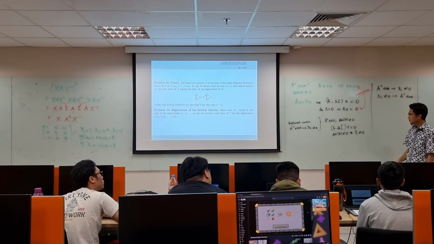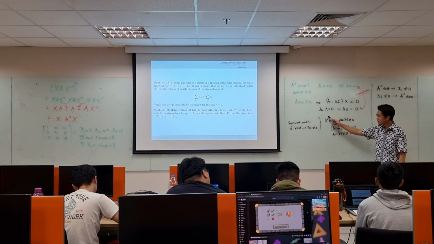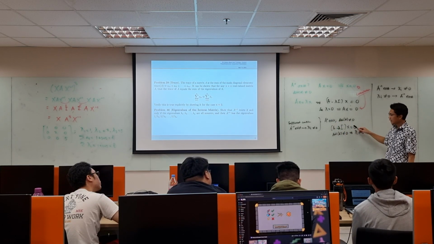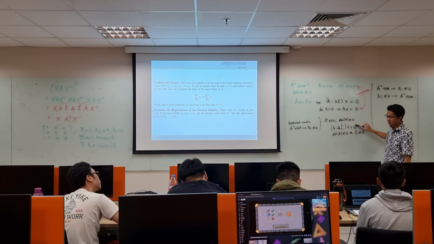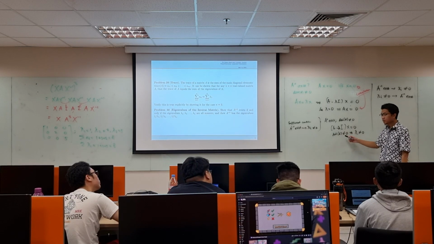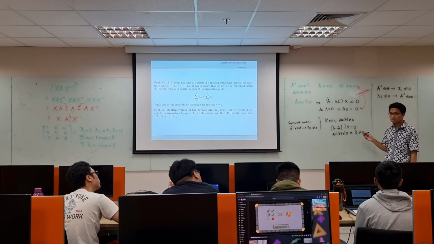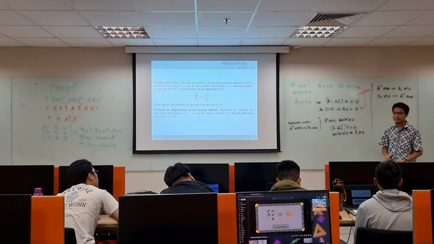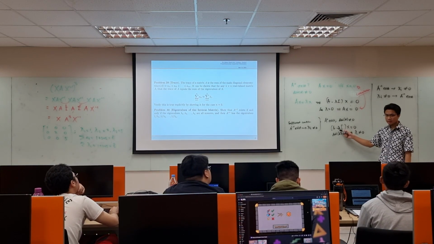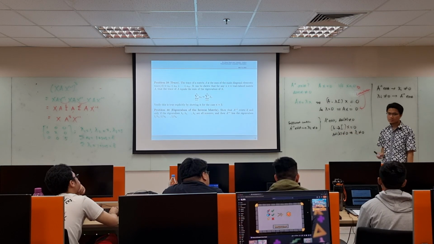Because A inverse exists, it means determinant A is non-zero, and by observing this equation, it means that lambda cannot be 0 in this case. Because when lambda is 0 in this case, that means determinant A is 0.